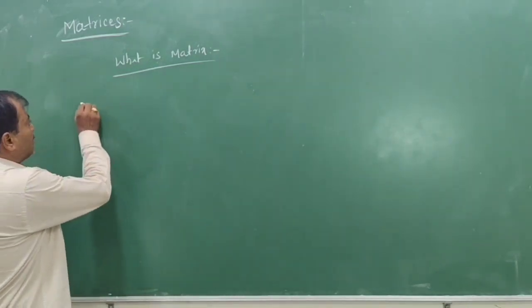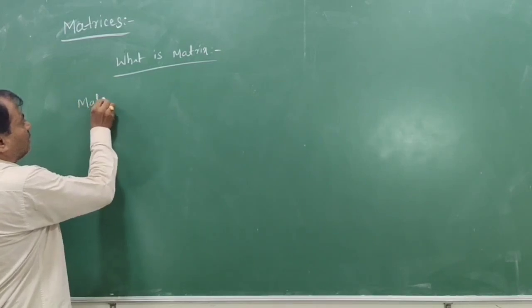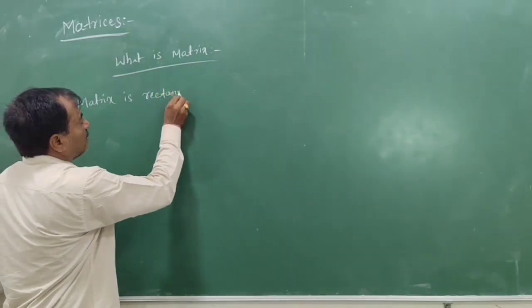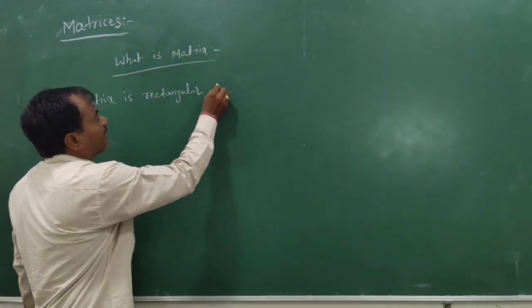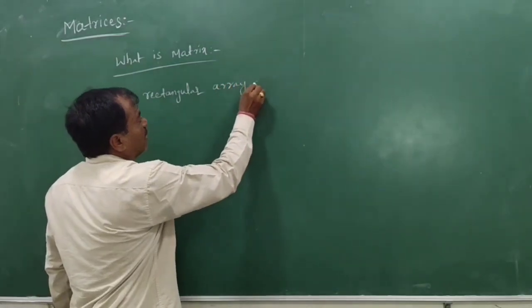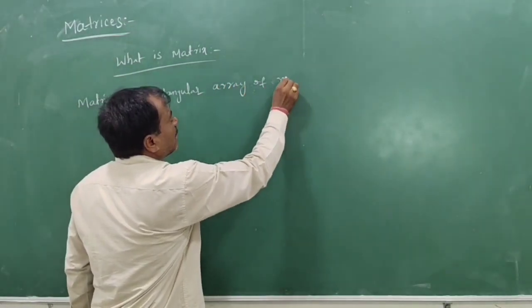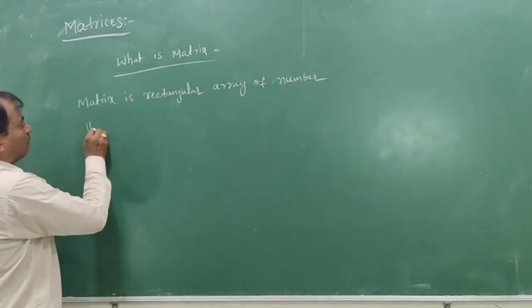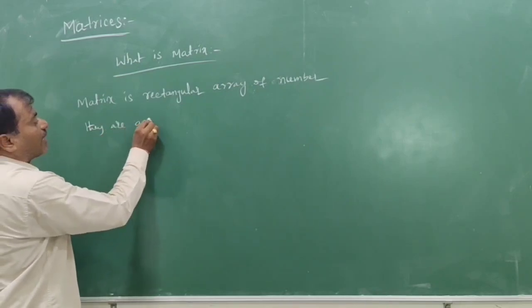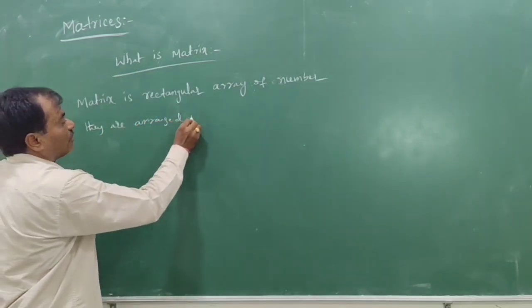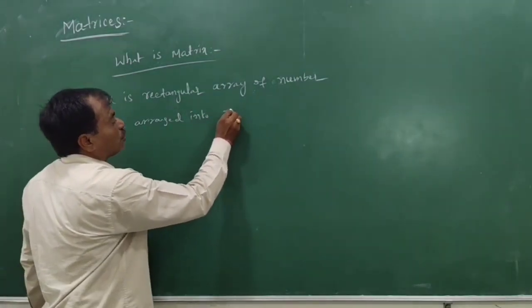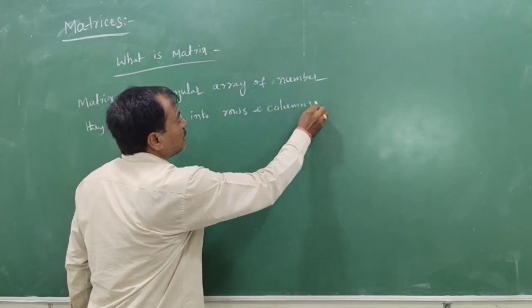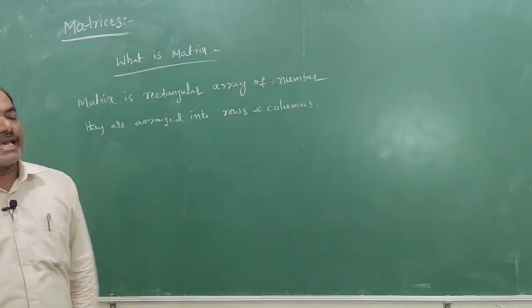Basically, the definition of a matrix is a rectangular array of numbers. They are arranged into rows and columns.